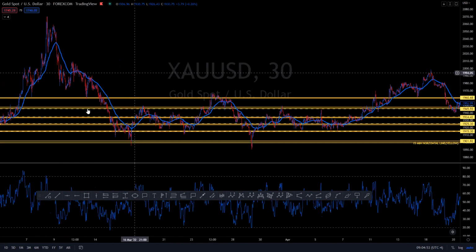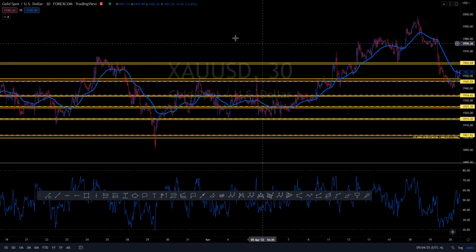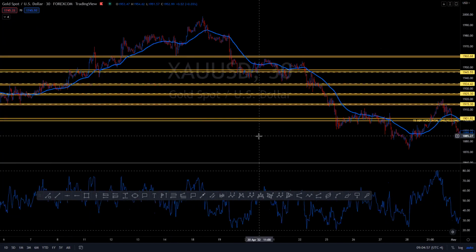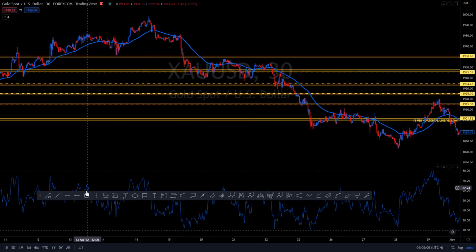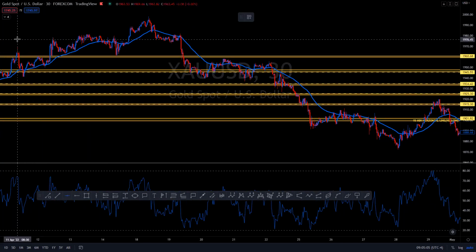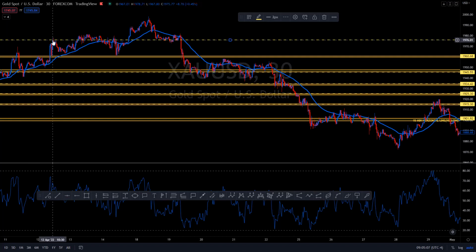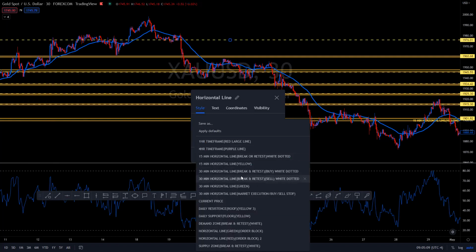So it looked like we marked up this area pretty good. I'm going to move up to here and just give attention to these areas. So we see a single candle supply zone here. Let me make this green.